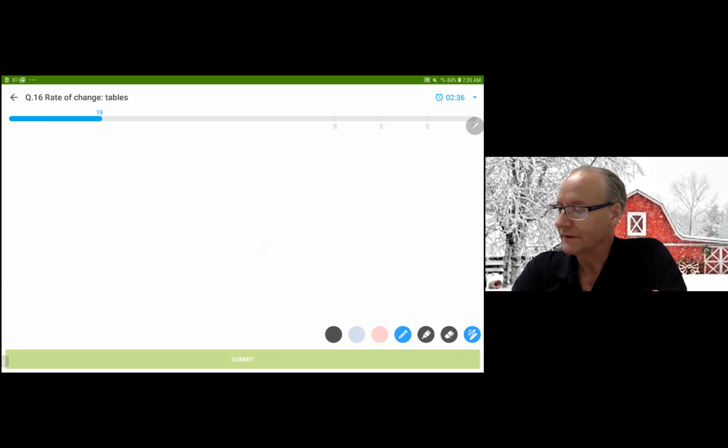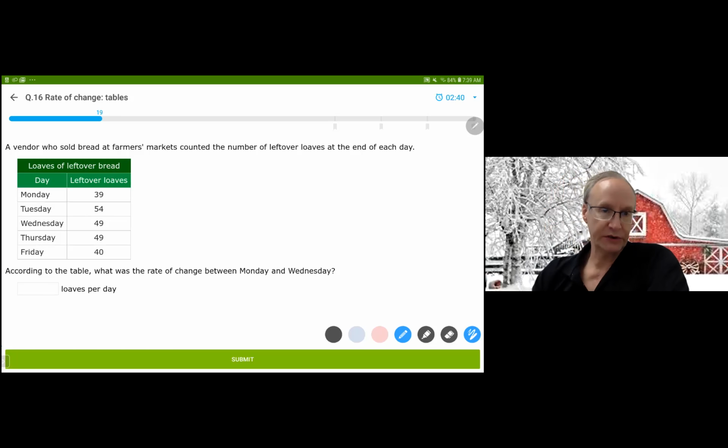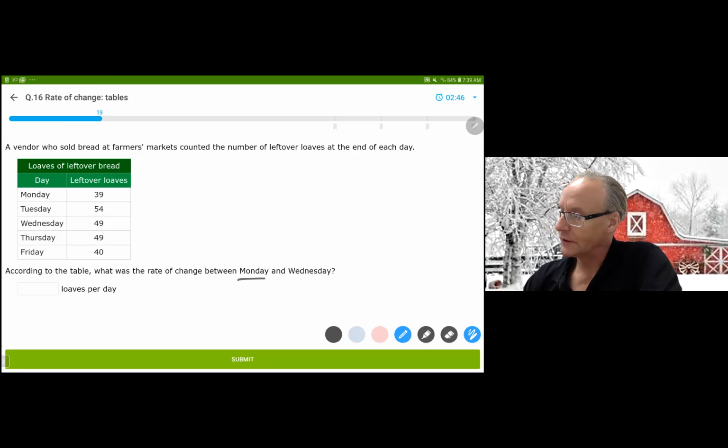All right, let's see if this next one is a little more interesting. Okay, this one is much more interesting. So here's what we got. We want between Monday and Wednesday, and we have leftover loaves at the end of each day. So on Monday, we had 39 loaves, and on Wednesday, we had 49 loaves.